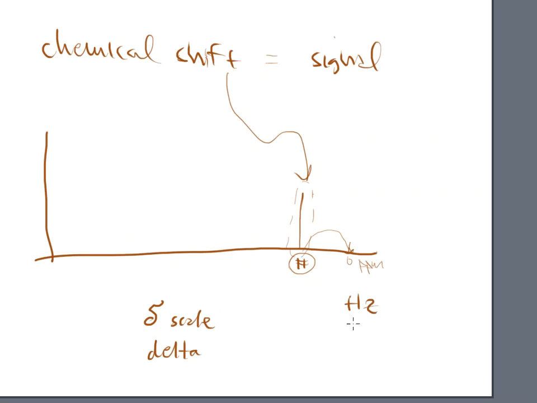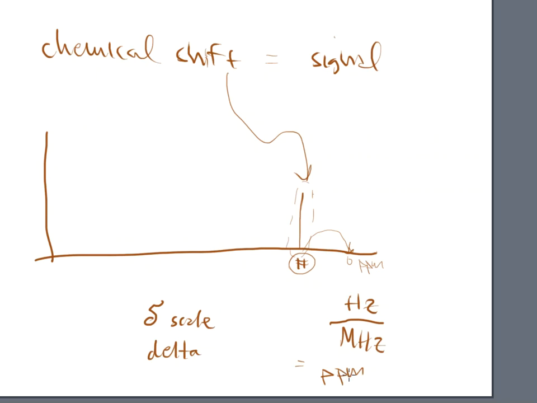So we can measure the distance from TMS by using hertz as a unit. And if we divide that by the operating frequency, which is megahertz, then we can convert into a unit of hertz over megahertz, which actually breaks down to a simplified unit of parts per million.